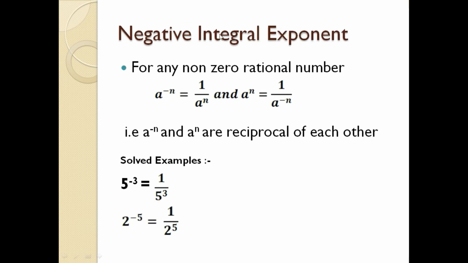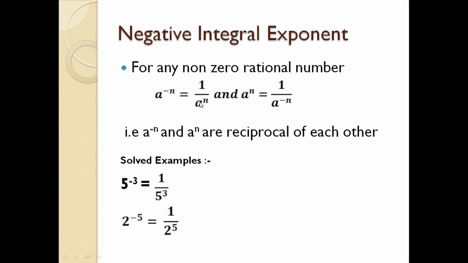So here there are negative integral exponents. For any non-zero rational number a, a raised to minus n is 1 upon a raised to n. If we want the reciprocal of that, we just take 1 as the numerator and a raised to n goes to the denominator side.